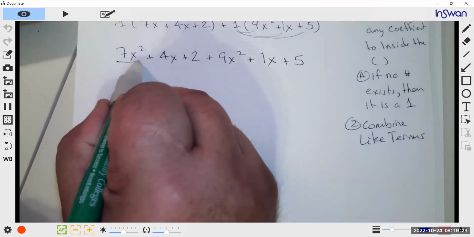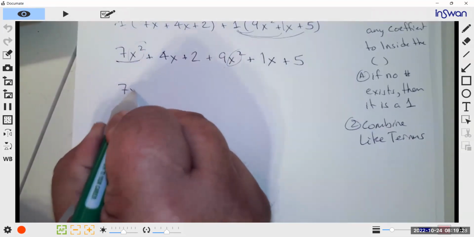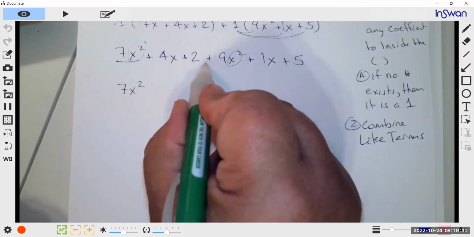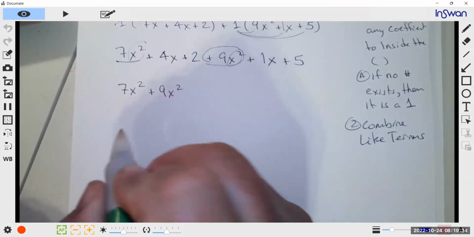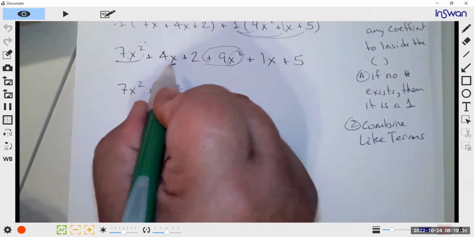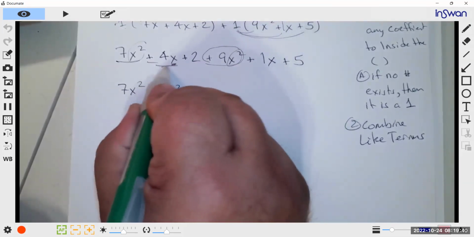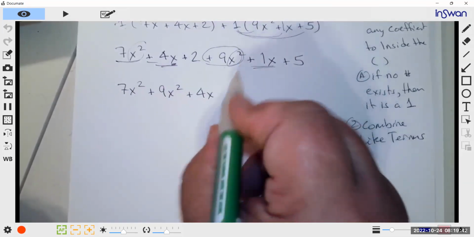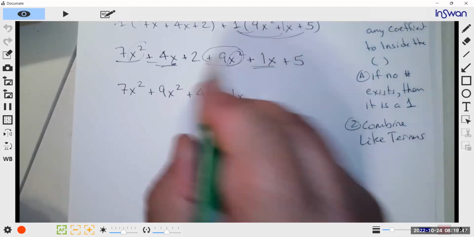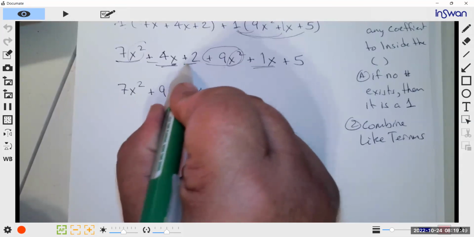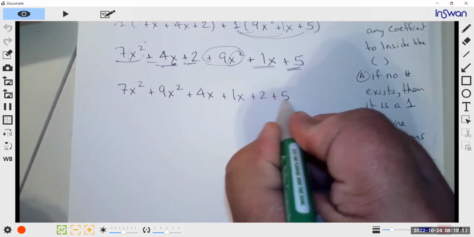So we have an x squared here, and we have an x squared here. So we have 7x squared and a positive 9x squared there. Here's an x. So we have a positive 4x and a positive 1x. Then the constants. We have a positive 2 and a positive 5.